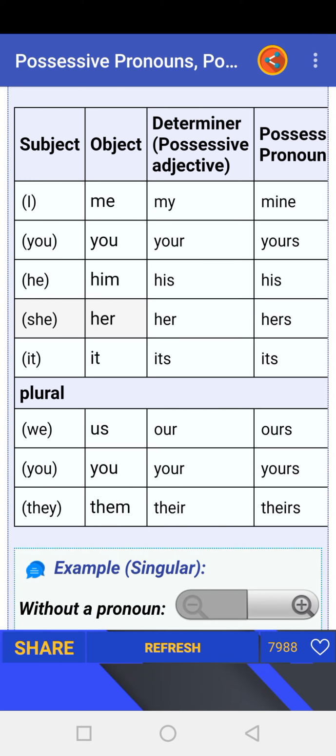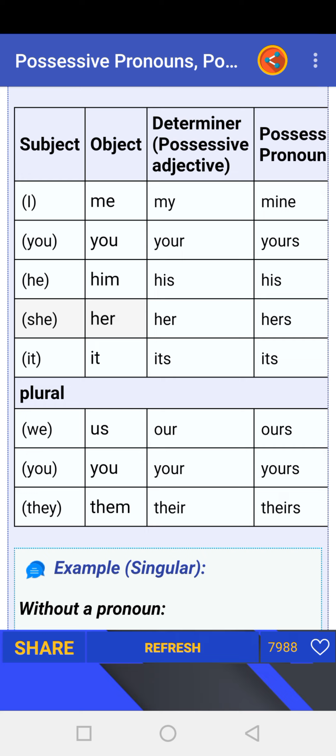Let's continue with subject pronouns that are I, you, and just notice that you is both for second singular and for the second plural. So I, you, he, she, it. And for the plural, we, you, they.